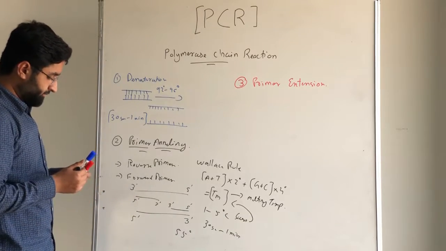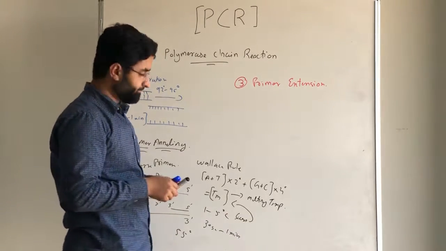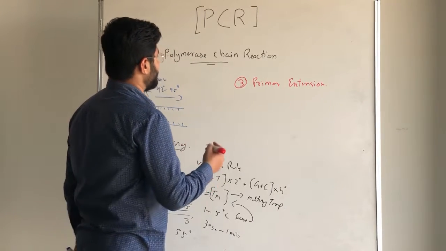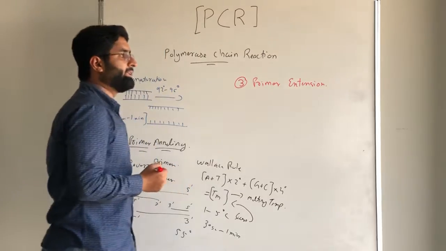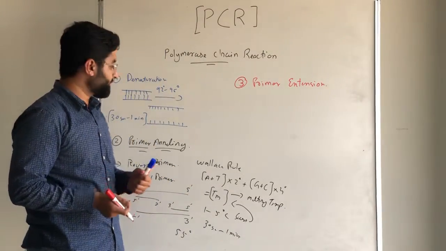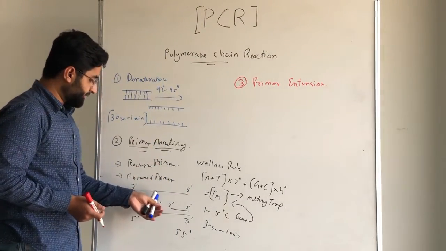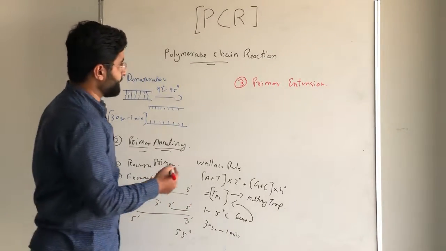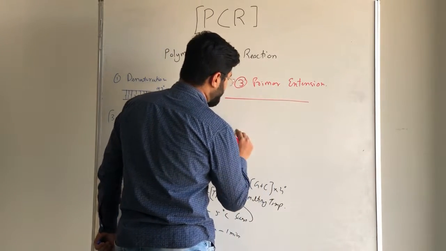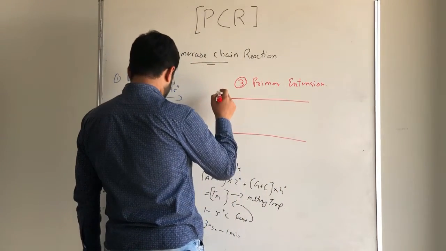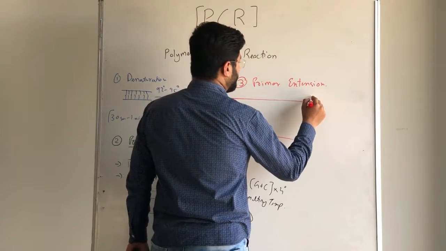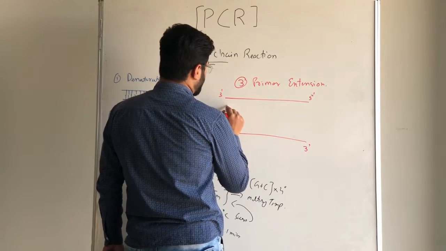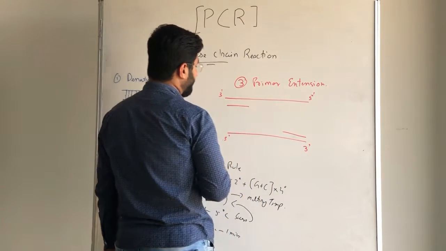So now let us move to primer extension. What happens in primer extension is that the DNA polymerase acts and joins the various nucleotides, dNTPs, extending from the primers, right? Let us understand from the diagram. We have these two strands, and these two reverse and forward primers.